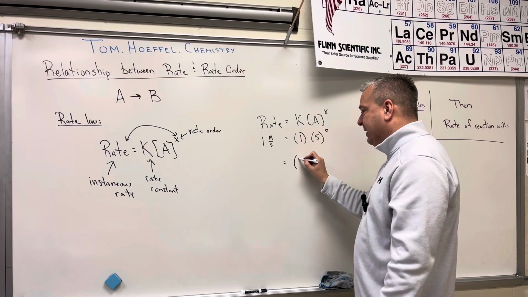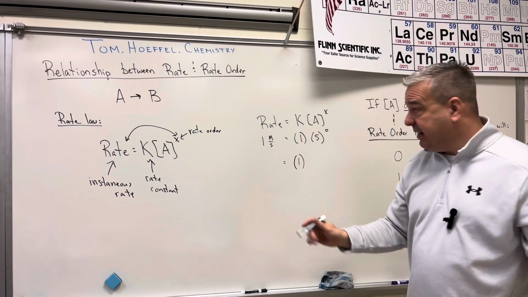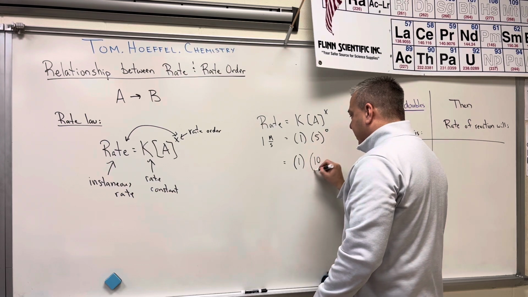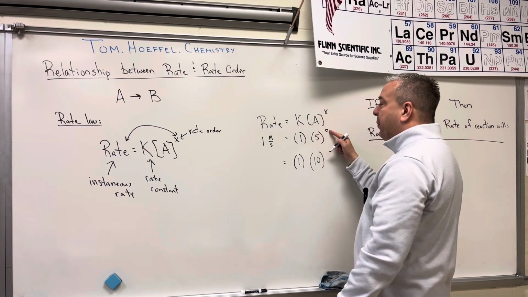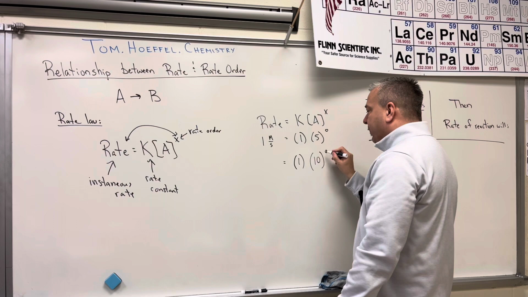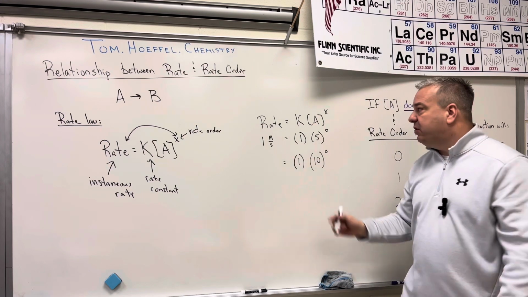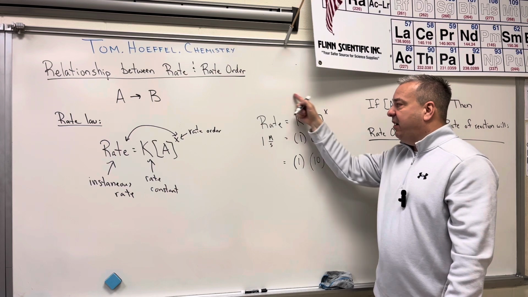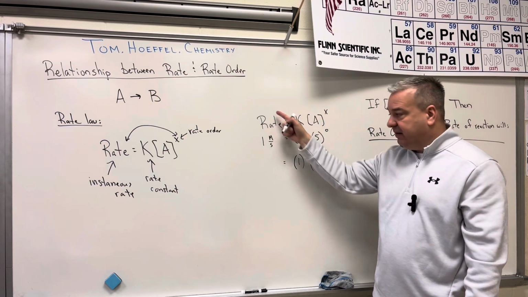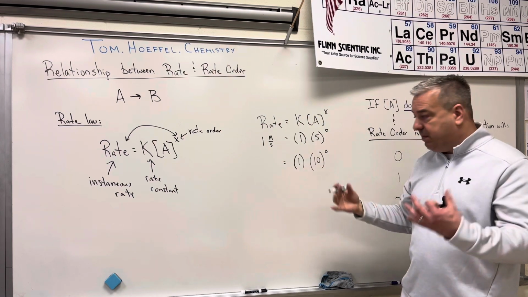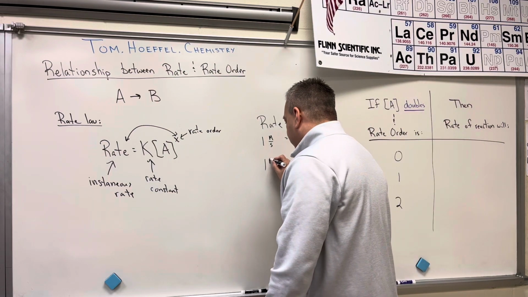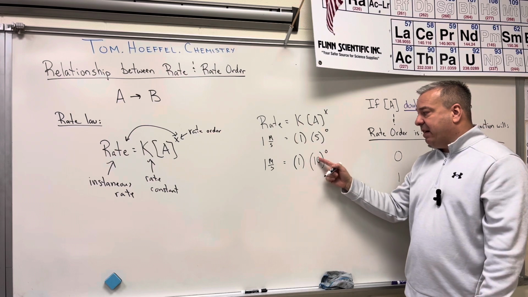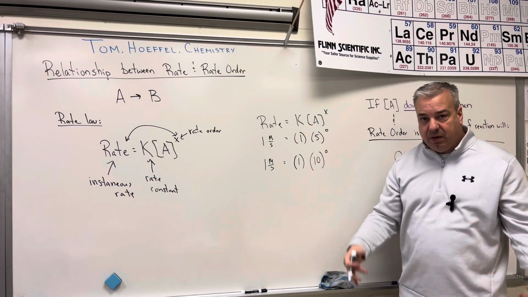Remember, the rate constant is always going to stay the same. So doubling the concentration would take us from 5 to 10. But if the rate order is 0, what does that do to my overall rate? I'm just trying to get you to connect how this affects this. 10 to the 0 would be 1, times 1 would still give me 1. So it doesn't matter if I double or triple or quadruple.